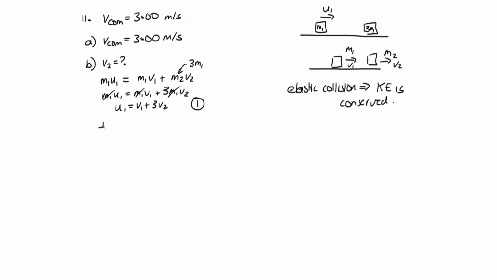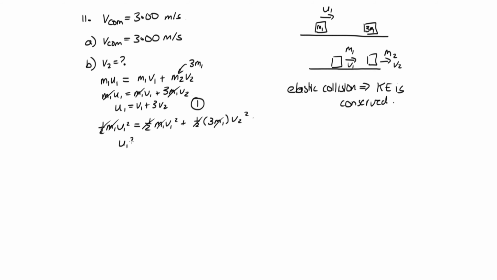The initial kinetic energy is a half m1 u1 squared. And then this second block has no kinetic energy because it's at rest, and that's equal to a half m1 v1 squared plus a half, now instead of writing m2, I'm just going to write 3m1 here, times v2 squared. Now a half is a common factor, so we'll cancel that out everywhere, and we'll divide through by m1 to get rid of it.